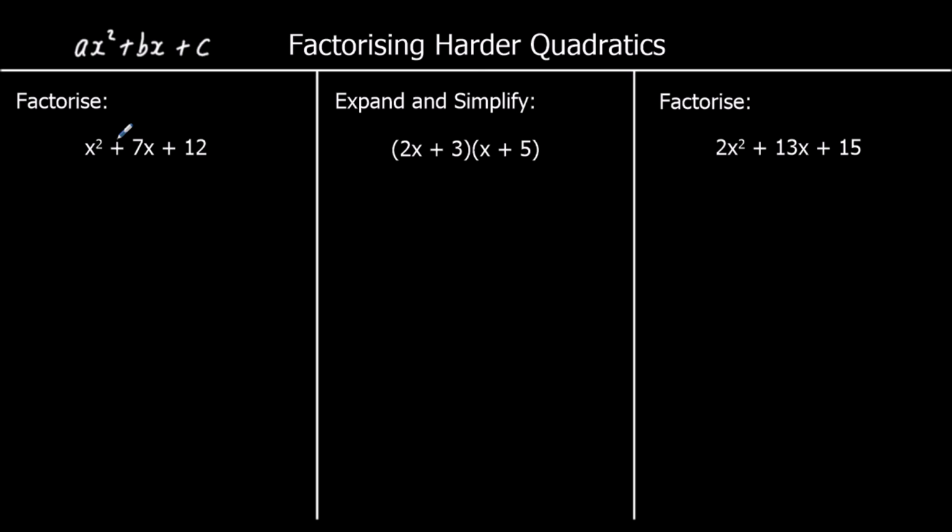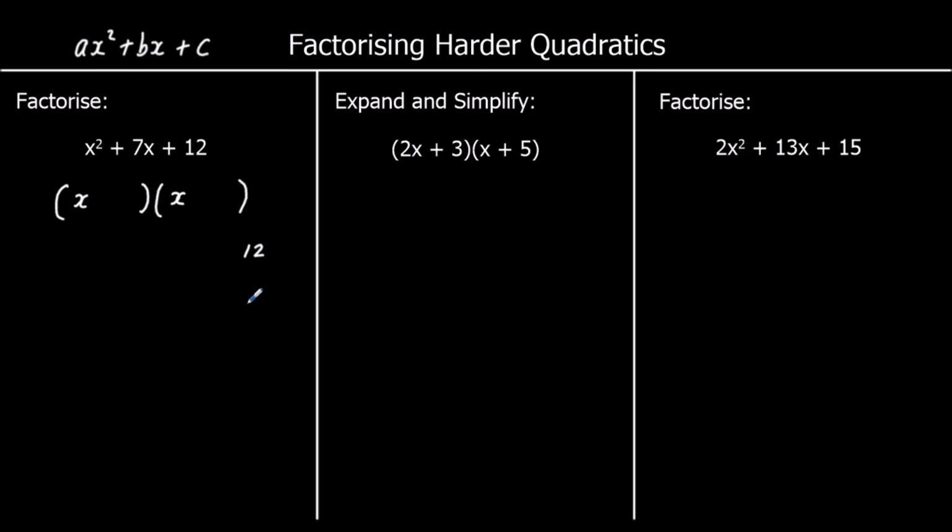So how will we factorize this? We say to get x squared, we have x times x. So there's an x in both brackets. And we're looking for two numbers that multiply to make the 12 and add to make 7.